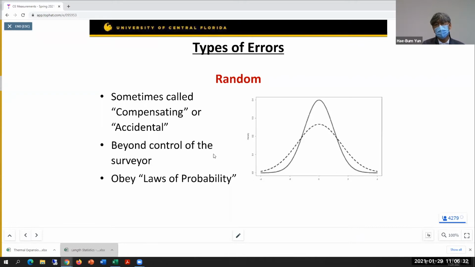The second type of error is random error. This is sometimes called a compensating or accidental error. In many cases this is beyond the control of the surveyor. In this example I'm comparing two different cases.